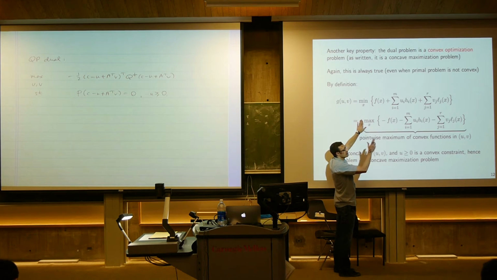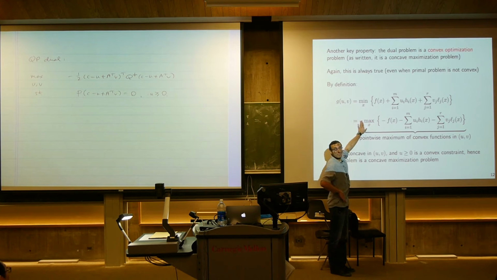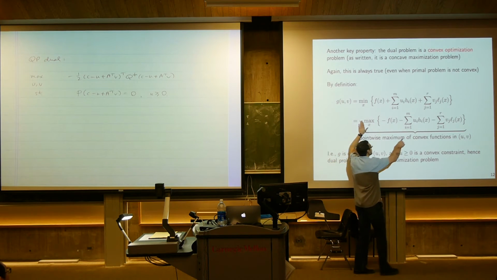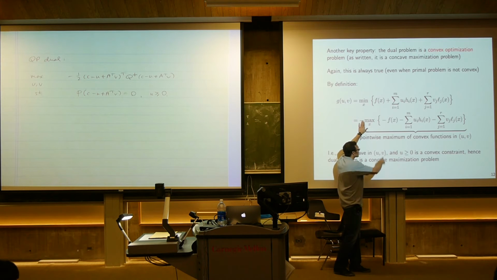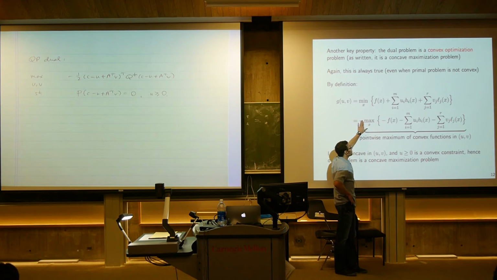The variable here is u, v. What type of functions are those for a fixed x in u and v? Yeah, they're just affine functions, right? Just u_i times some constant, if I think of x as a constant, and v_j times some constant, plus a constant. So those are affine functions in u and v.